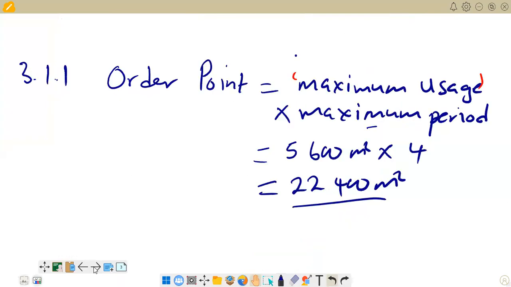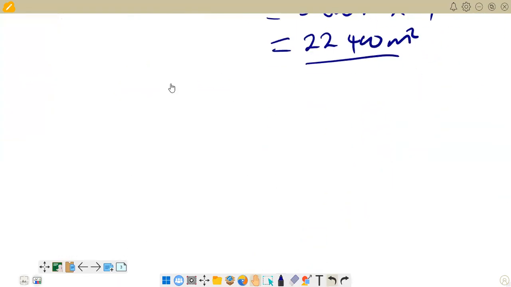So if we come on the answer section here, we are now on the second part, 3.1.2. So we have got economic order quantity.